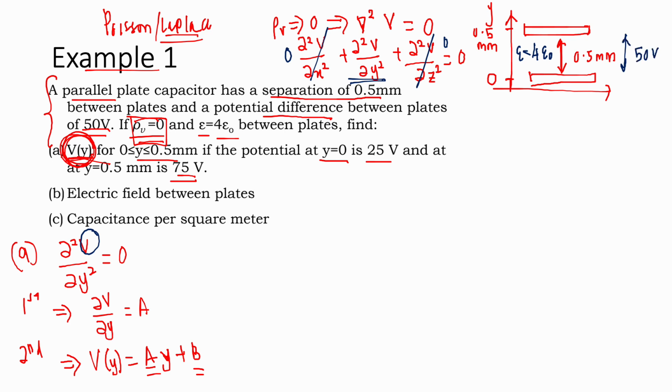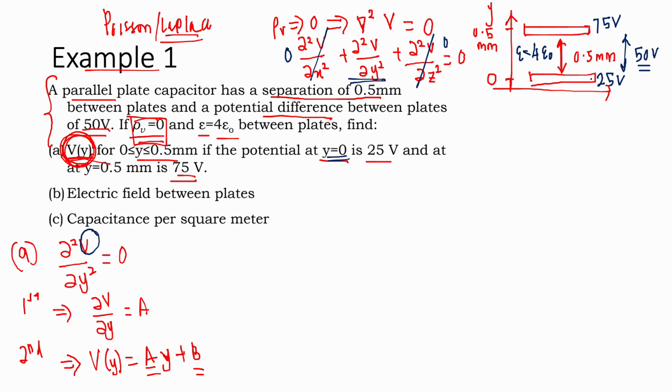Based on the question, at y equals 0 the voltage is 25 volts, and at y equals 0.5 mm the voltage is 75 volts. So 75 volts minus 25 volts gives us 50 volts of potential difference.